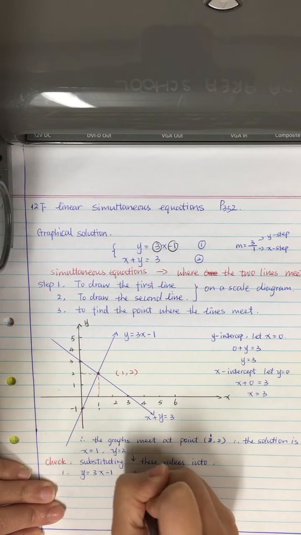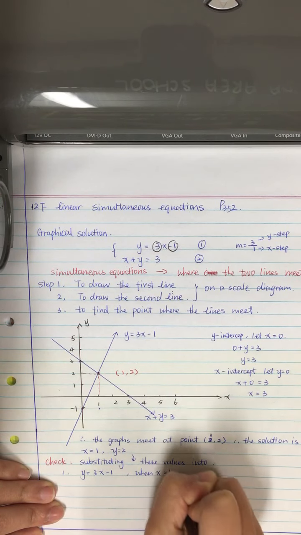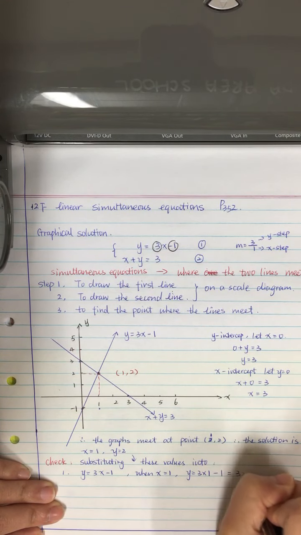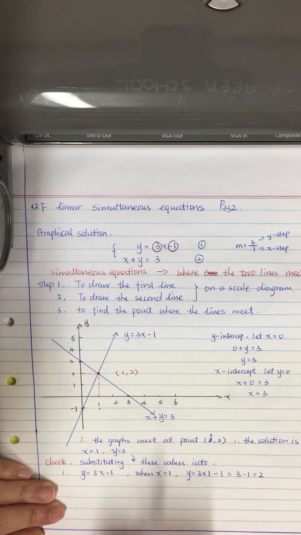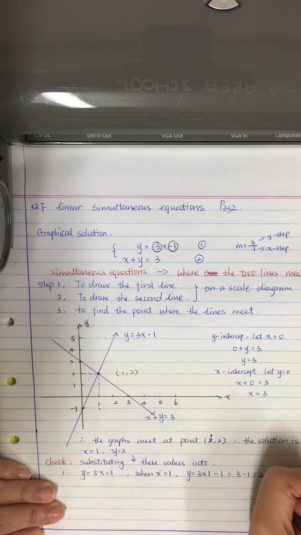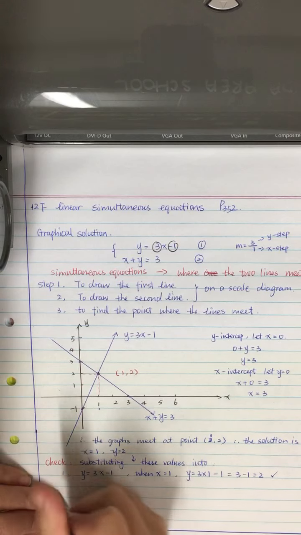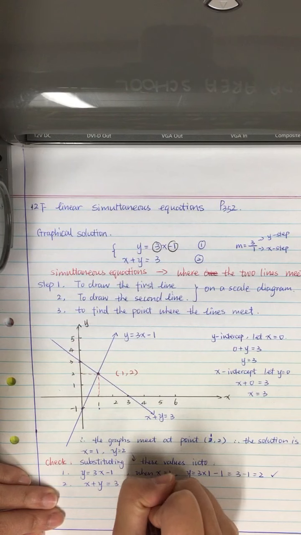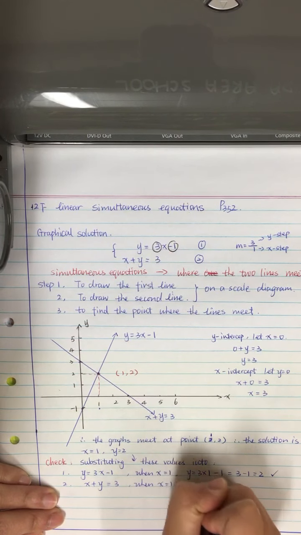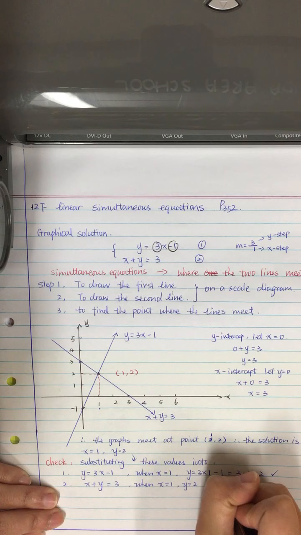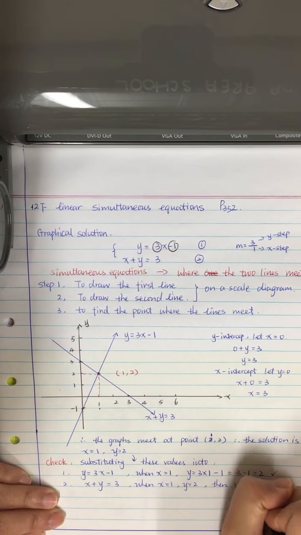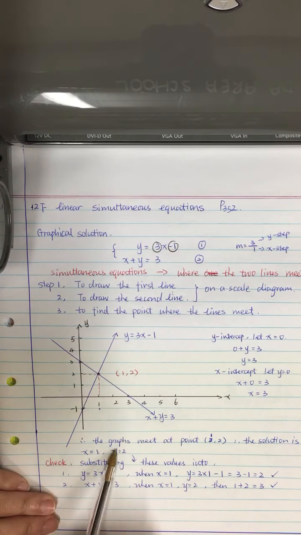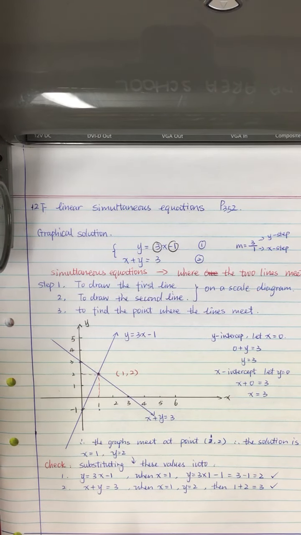When x equals 1, y equals 3 times 1 take 1, which is 3 take 1, is 2. So the first is correct. When x equals 1, y does equal 2. That's a tick. For the second line, x plus y equals 3. When x equals 1 and y equals 2, we have 1 plus 2, which does equal 3 as well, so it's a tick. Then it proves our results are correct.